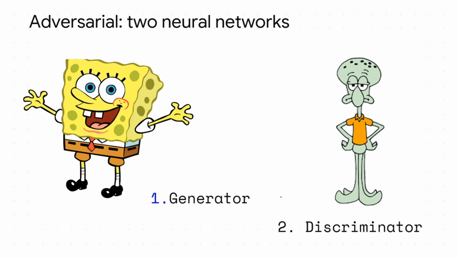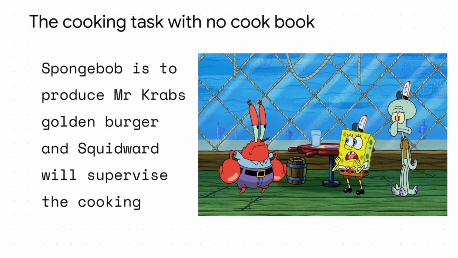So we're going to call the first neural network, the generator, SpongeBob, and the second one is Squidward, the discriminator. The job of the generator is to generate new data, and the job of the discriminator is to differentiate what's real and what's fake.